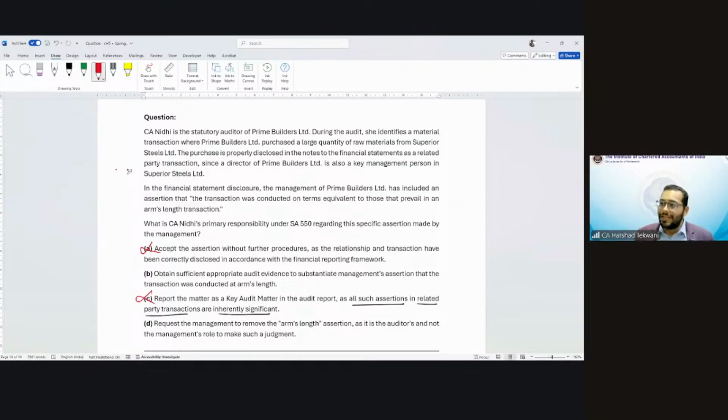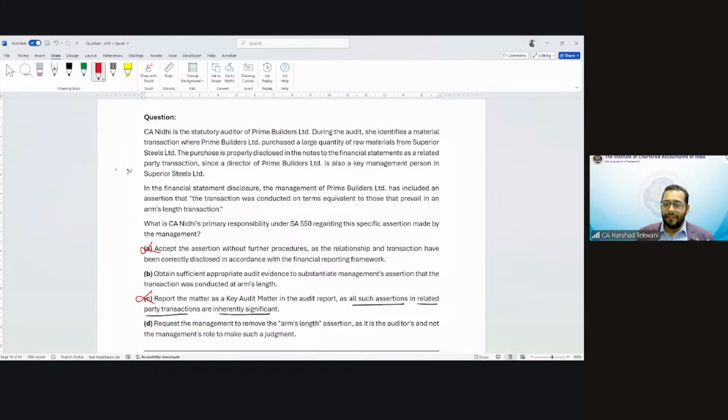Not because it's not a listed entity. In the question I don't have the information on whether it is listed, so I'm not commenting on the key audit matter. But the statement that all assertions in related party transactions are inherently significant is not appropriate. Yes, sir. A key audit matter is a significant matter for the reader's understandability, and it should be one of the matters already reported to those charged with governance as per SA 260.